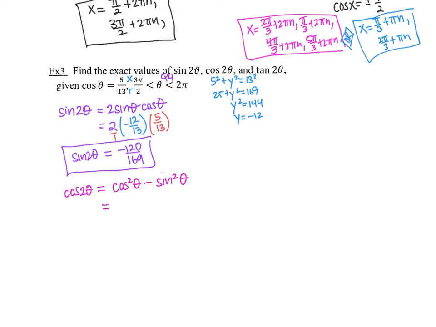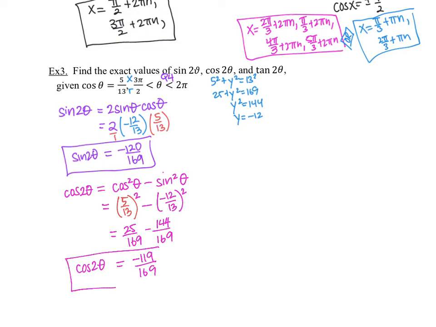The cosine is 5 over 13, squared, minus sine, which is negative 12 over 13 because it's y over r, squared. So the cosine of 2 theta would equal negative 119 over 169. And I can calculate this even though I have no idea what theta is. I know it's in quadrant 4.